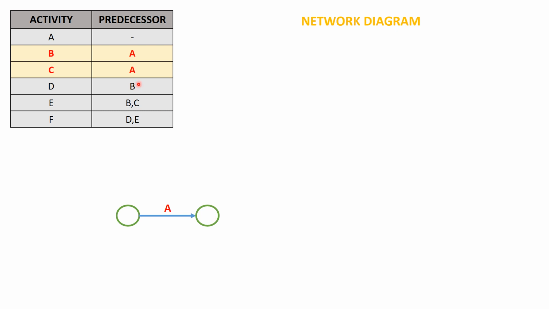So now we have this B and C activity, which are parallel in nature. So we have activity B starting over here, and in order to complete this activity we are going to have this event, and then we have activity C. In order to show that the activity is completed, I'm going to end with an event or a node, right?